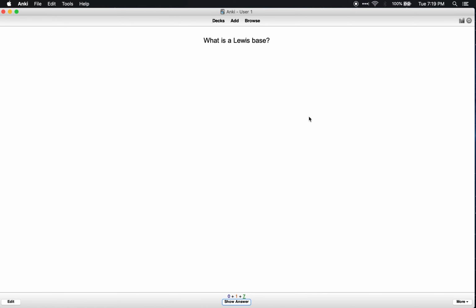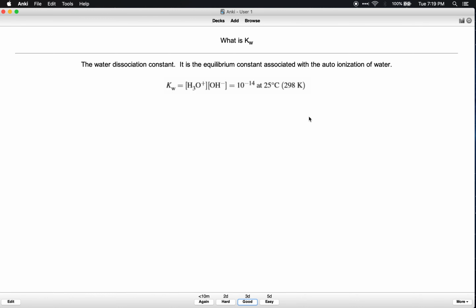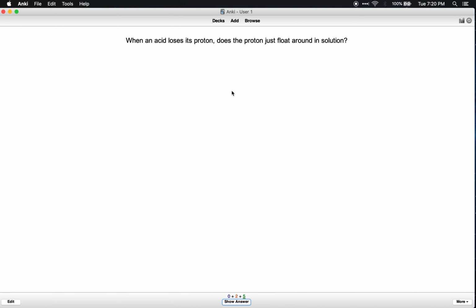Lewis bases donate electrons. Kw is the auto-ionization constant of water, 1 times 10 to the negative 14 at 25 degrees Celsius. Kw equals H3O plus times OH minus.